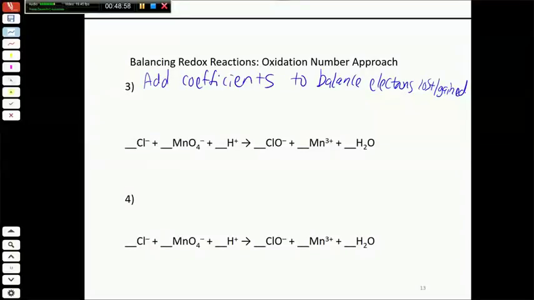And so if we look at this one again, what we saw was Cl minus to ClO minus. We saw that was a difference of 2 electrons. And then the other one, MnO4 minus to Mn3 plus, was 4 electrons. So we want the number of electrons to be equal.